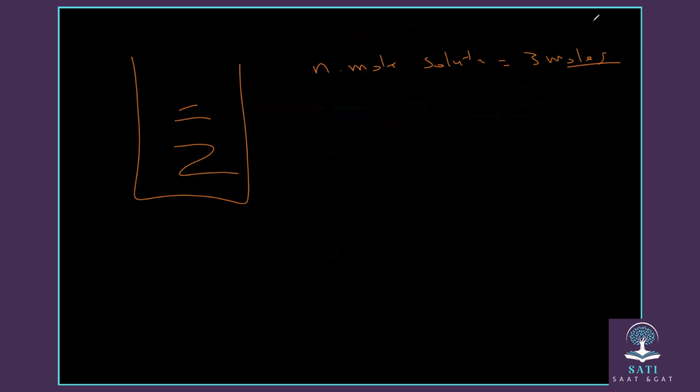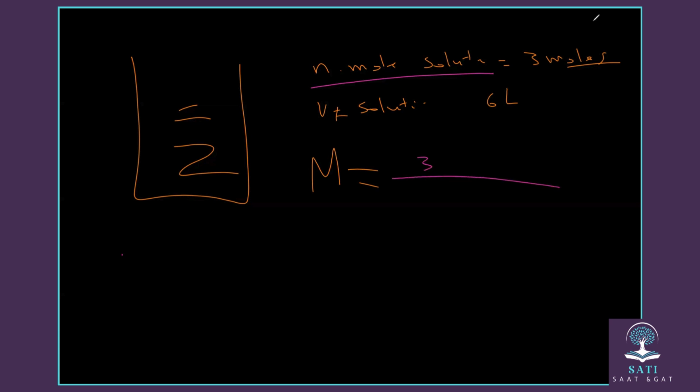And the volume of the solution is, for example, 6 liters. Find the molarity. Molarity is capital M. So we know that molarity equals moles of solute, which is 3, over volume of the whole solution, in what?